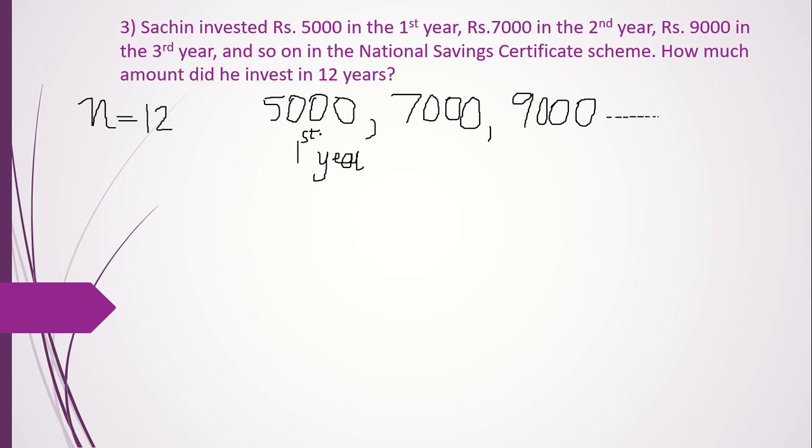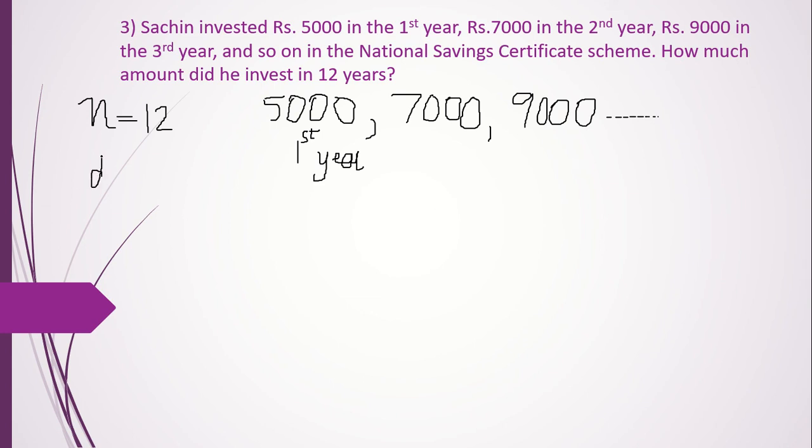And here you will see there is a common difference in this sequence. 2000, see the money is going on increasing. In the second year he invested 7000, third year 9000, fourth year 11,000, right? It will go on increasing by 2000.